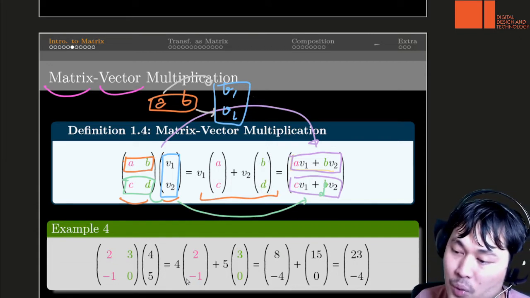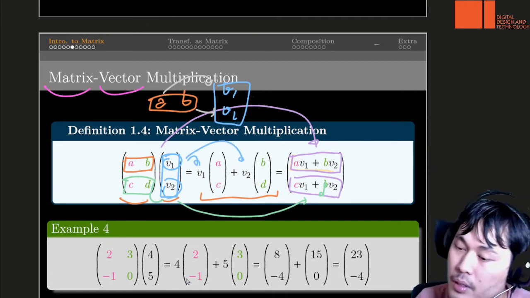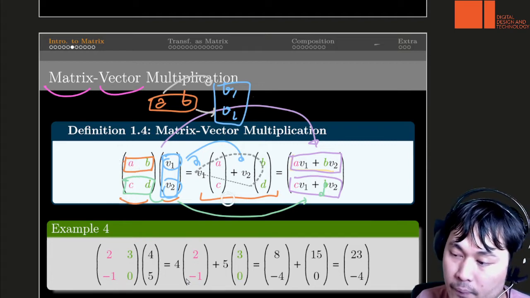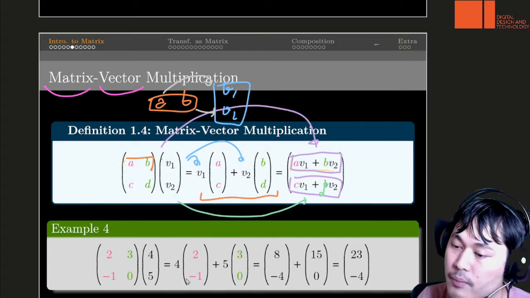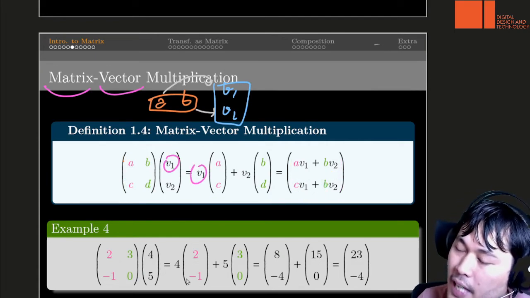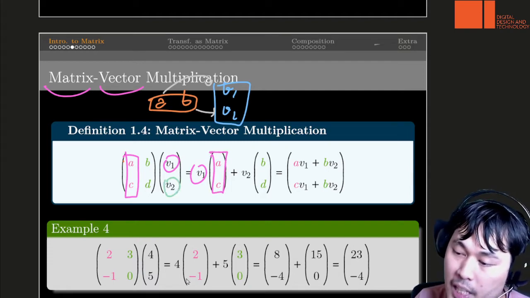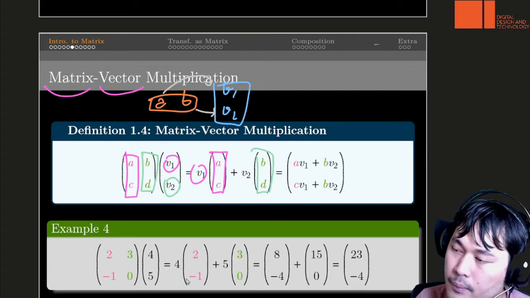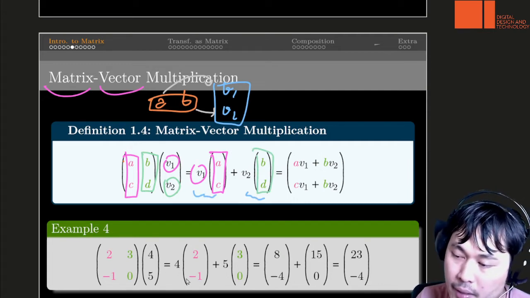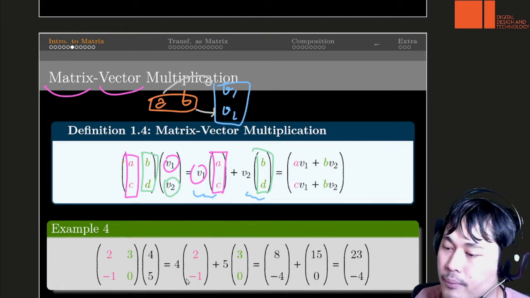But what we do is we separate V1 and V2 into two components. So we have V1 multiplied to the first column in this new notation. So if we reset everything, we have V1 times the first column, and then we have V2 times the second column, where each of these operations, we can think of as a constant times a vector.